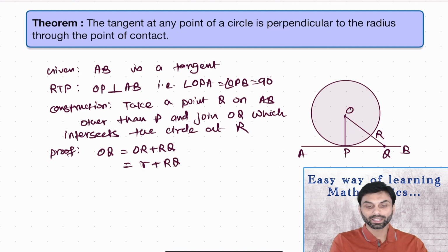And so we can see here OQ will be greater than the radius.